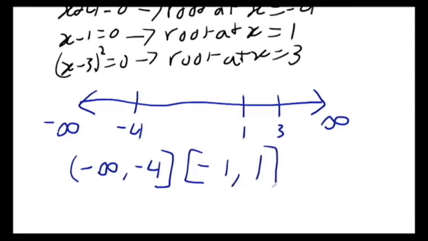I'm putting round brackets around negative infinity and infinity because we never touch those values. And I'm putting square brackets around the numbers because the inequality is greater than or equal to 0.